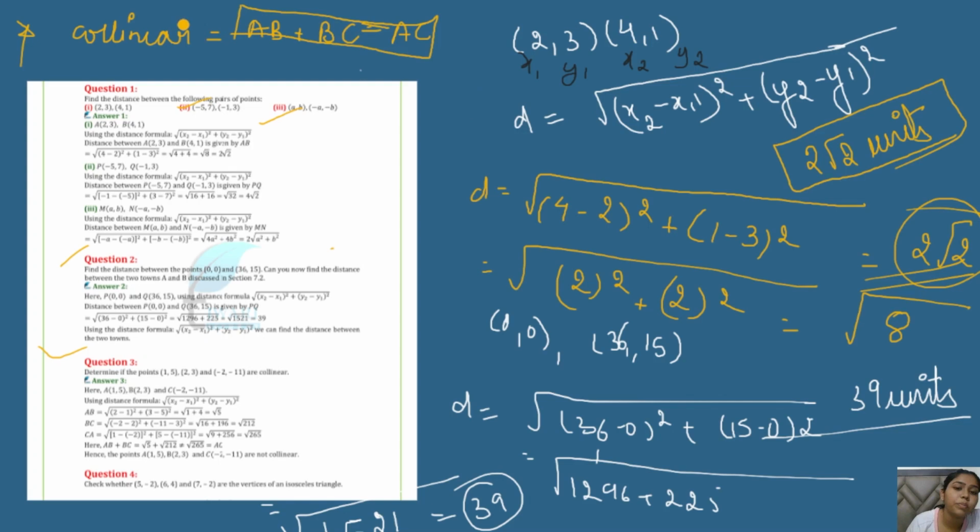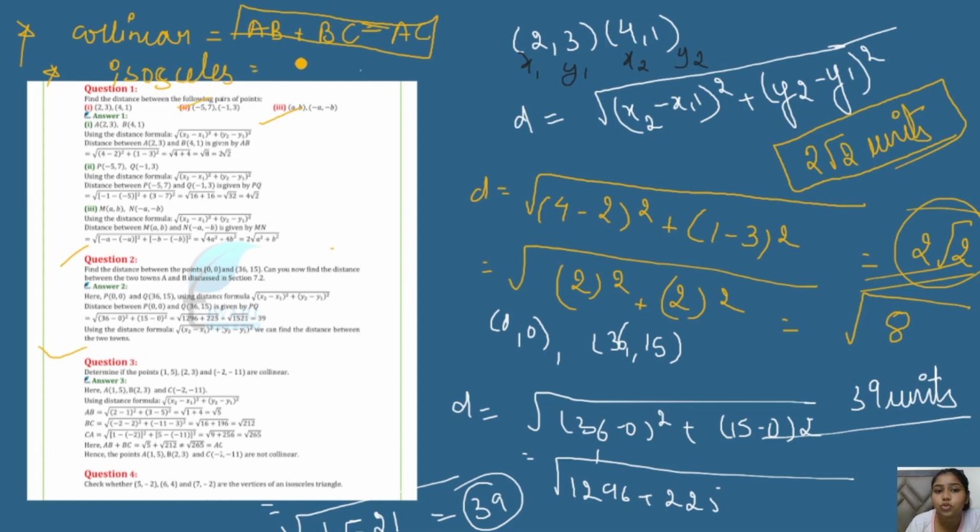This is a very important point, because in the exams you won't get direct numericals like finding the distance. You will get numericals like: are these the vertices of an isosceles triangle, are these the vertices of an equilateral triangle, are these points collinear. You'll get questions like this. For an isosceles triangle, as you know, two sides must be equal.